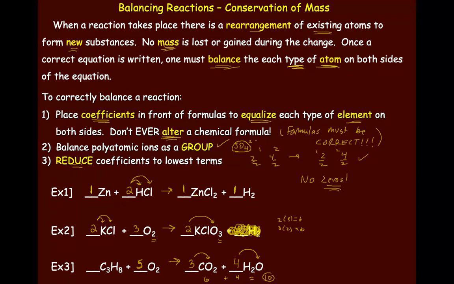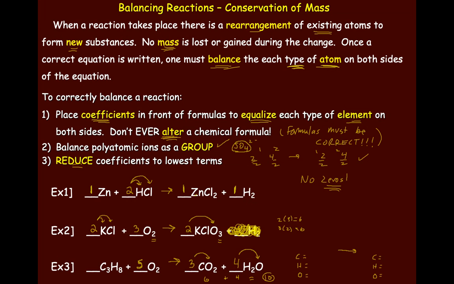Okay, that's a good way. So actually underneath here, you can give it a good count out. You can always count out your elements below. Sometimes you could set up a little chart, or you can count out your O's. So sometimes what people do is they'll have a chart. So let's just say the arrow is here. You could put C, H, and O and put down the number of atoms you have on one side and the number of atoms you have on the other, and simply do that.